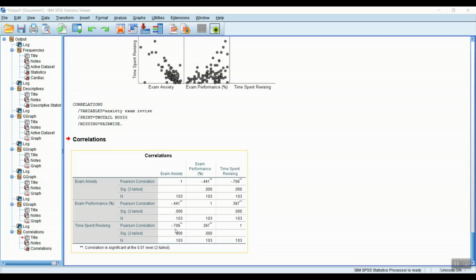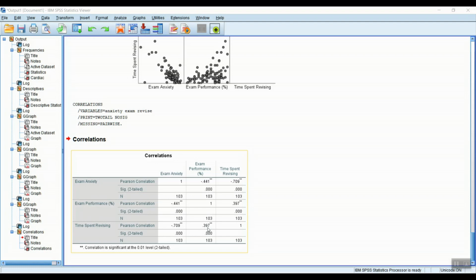So you can see that potentially quite a lot of exam anxiety is attributable to time spent revising. And if we look at the relationship between time spent revising and exam performance, we can see a correlation of 0.397. So there's also a relationship between time spent revising and exam performance. So they all seem to be related in some way.